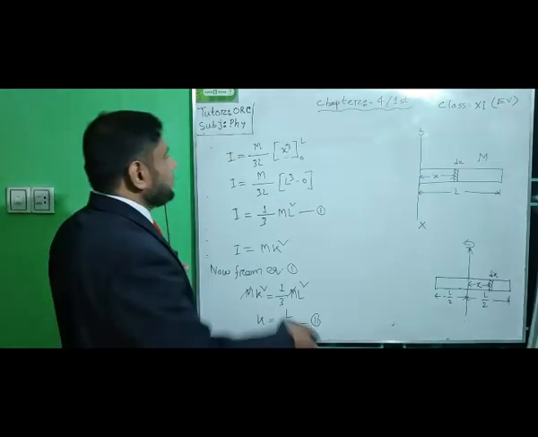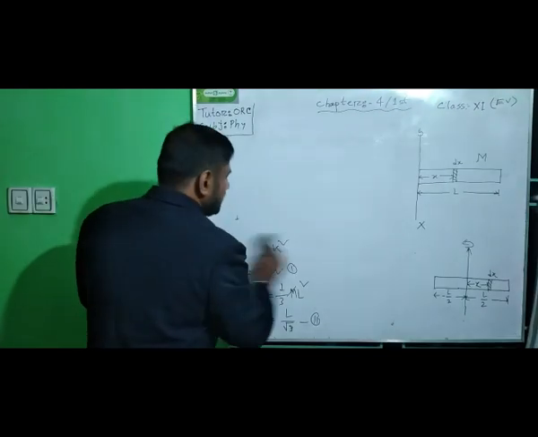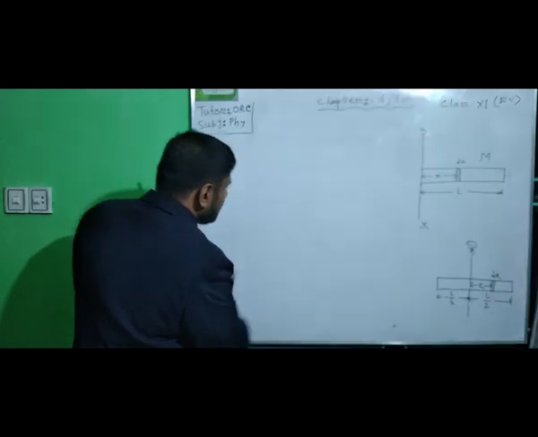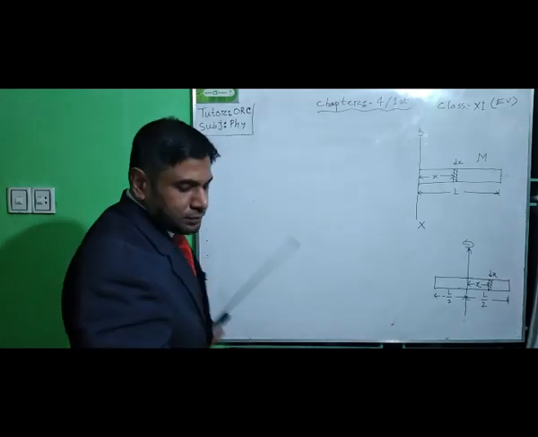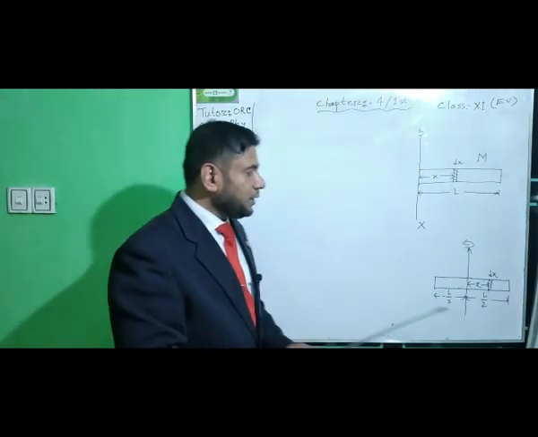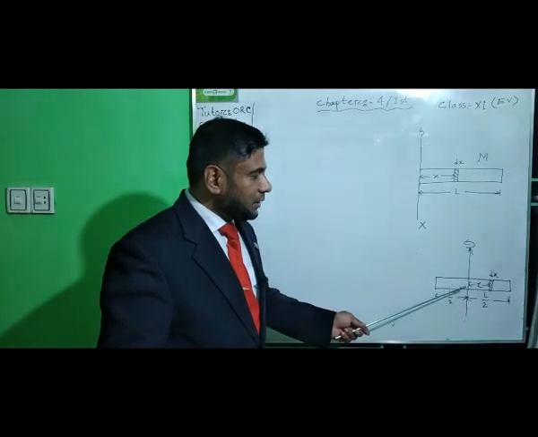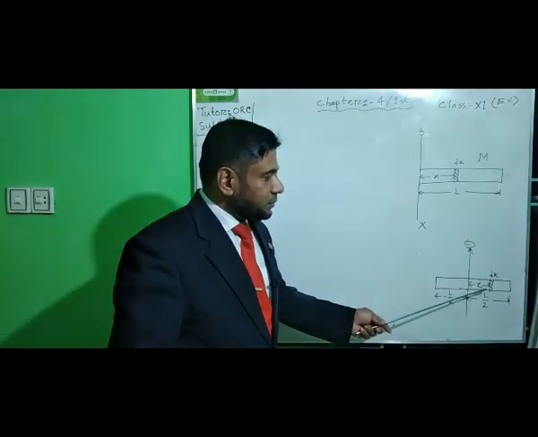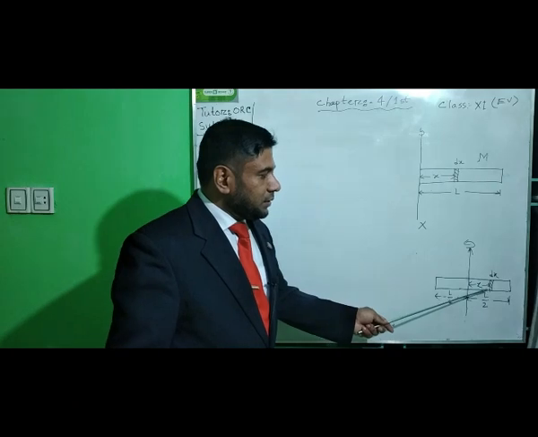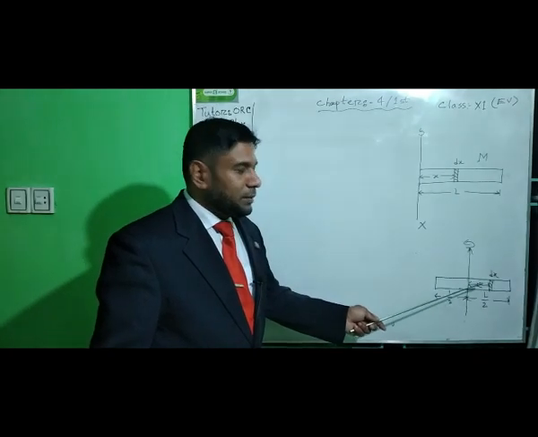So for this figure 2, now let us find out the moment of inertia and radius of gyration. From our previous information, first of all we will find out the moment of inertia for the smallest division of the iron rod.